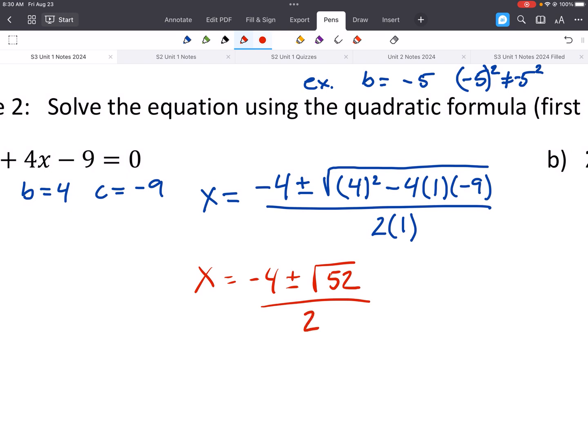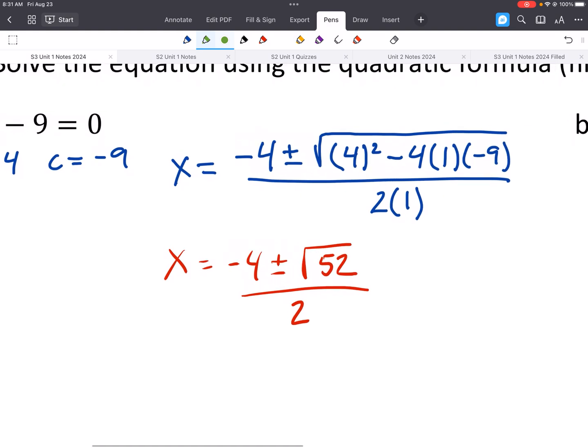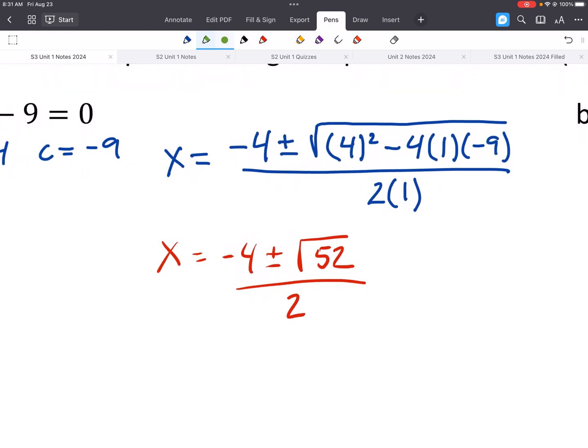All right, so let's finish this up. Sorry, I probably got on a tangent here. Okay, so here, we can't do the square root of 52, it's not a nice number, right? So either you have to have a calculator that can reduce a square root, or we have to simplify by hand by doing a factor tree. So here we could do 2 and 26, 2 and 13, and then 13 is prime, so we can't do anything with that. Again, we want to find groups of 2.